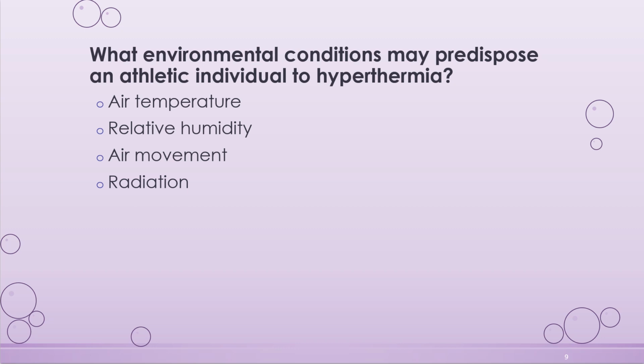For athletes and individuals engaged in outdoor activities, it's essential to be mindful of these environmental factors and take precautions to maintain proper thermoregulation. Staying hydrated, wearing appropriate clothing, seeking shade or shelter, and adjusting activity level based on the conditions can help mitigate the risks associated with extreme temperatures.